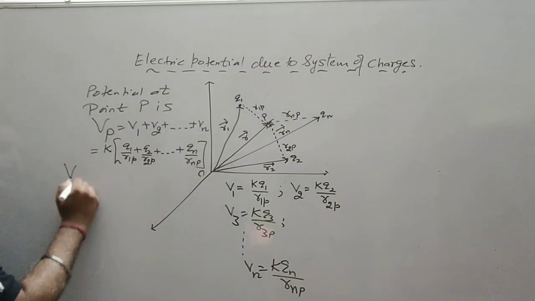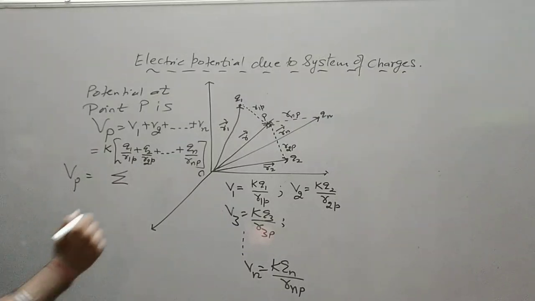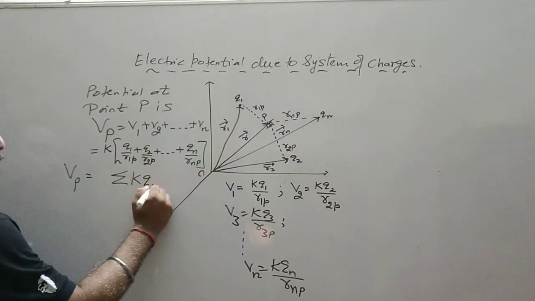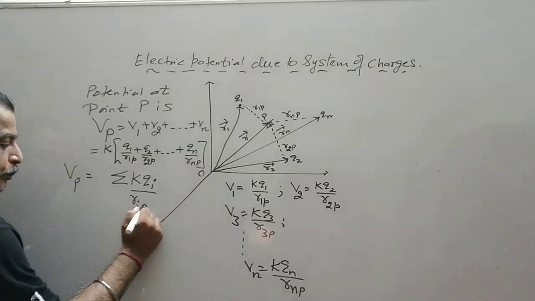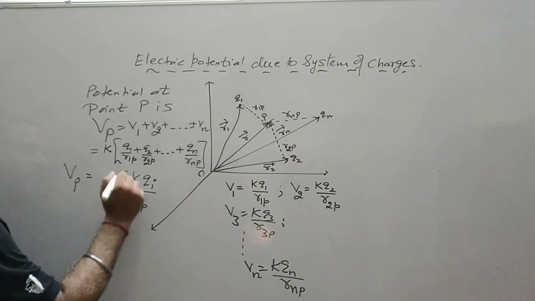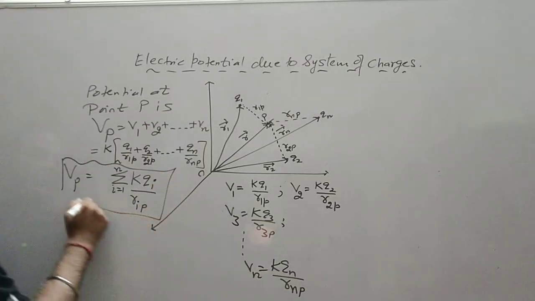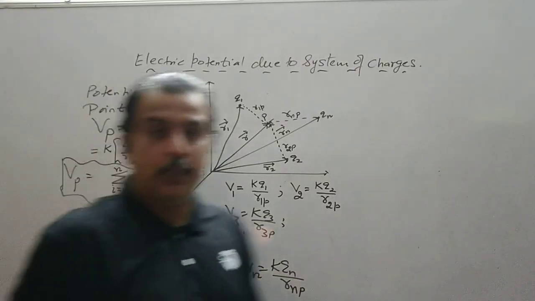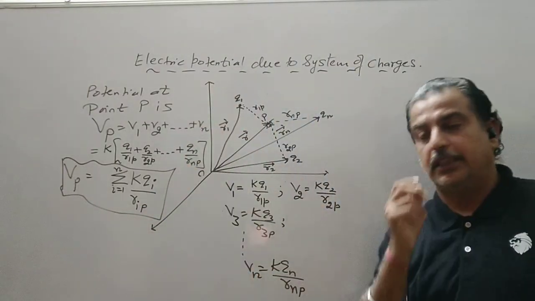Now this can be written as the algebraic sum, that is summation of K Qi upon RiP, where i is running from 1 to n. So this is the electric potential at point P due to system of charges.